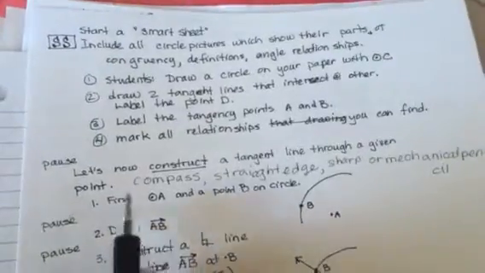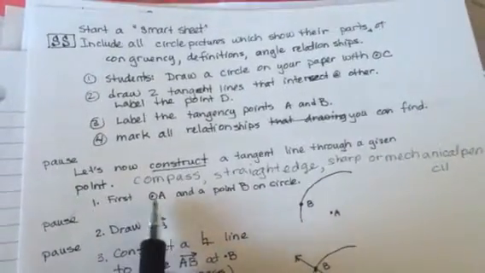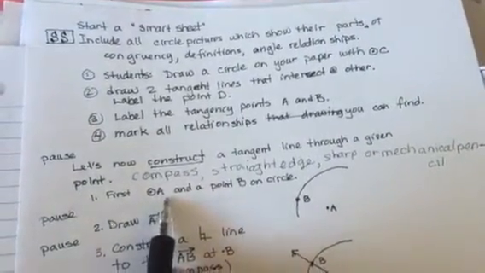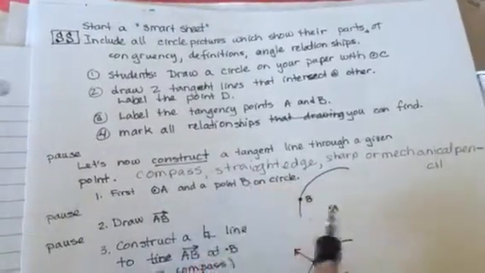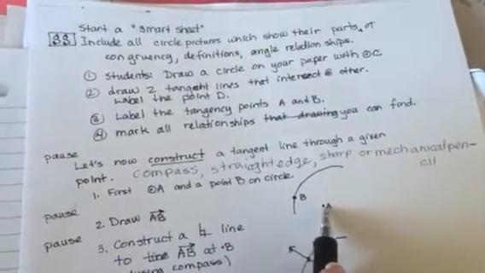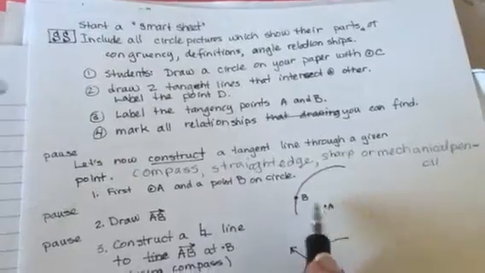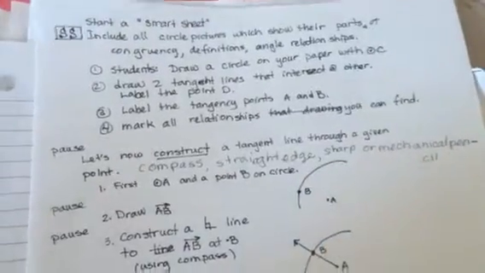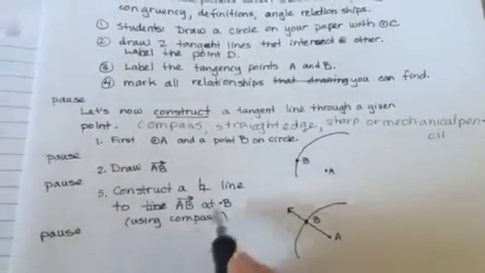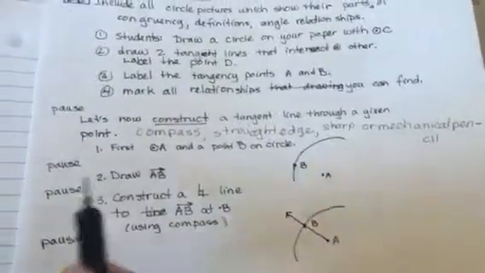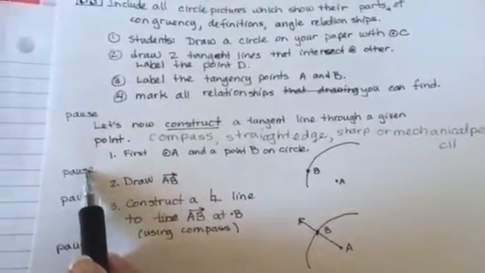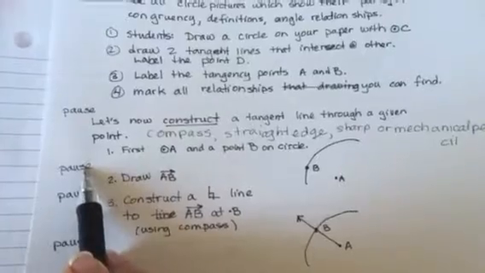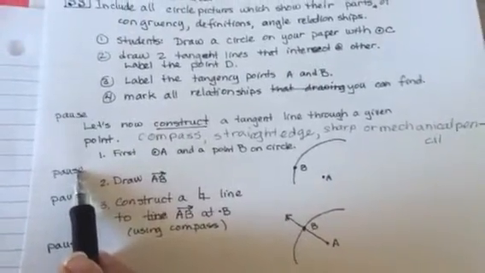The first thing that we're going to do together is first draw circle A and a point and label it B on the circle. I hand sketched part of a circle A so that I could get it all on this paper. So you may pause and draw your circle. It could be 1 inch in diameter, 1 inch, teeny bit more.